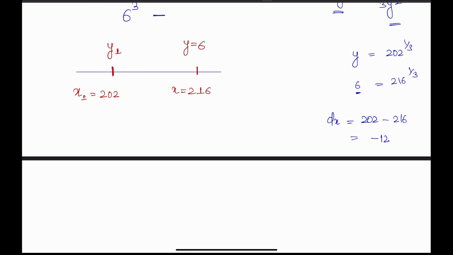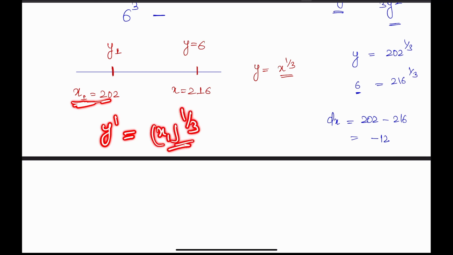Okay, correct. And we know that y, or any value, is nothing but x to the power 1 by 3. This is the condition for all three. Here also y1 equal to x1 to the power 1 by 3. So this relationship is true for all the conditions.